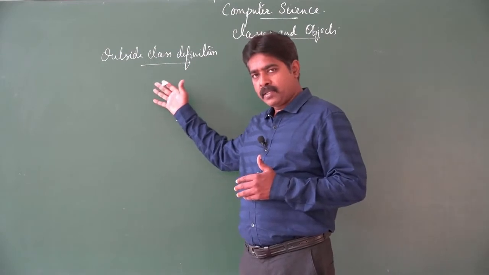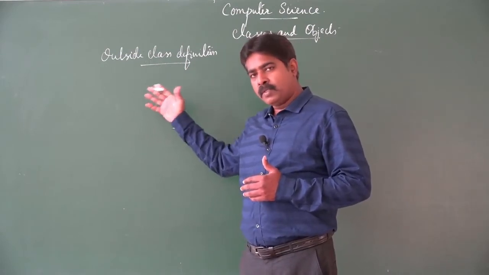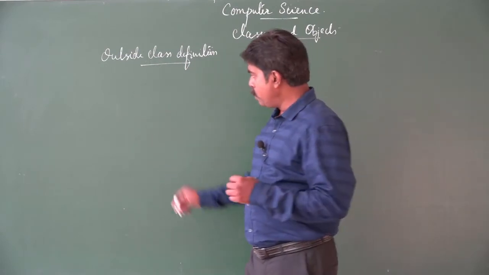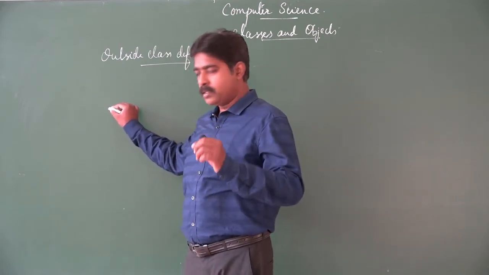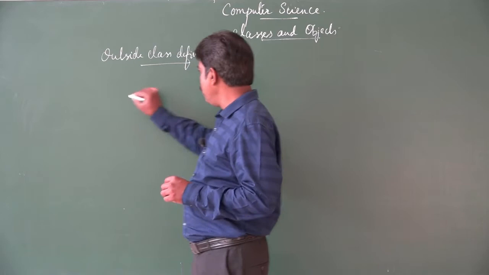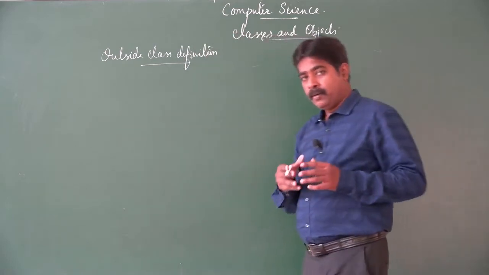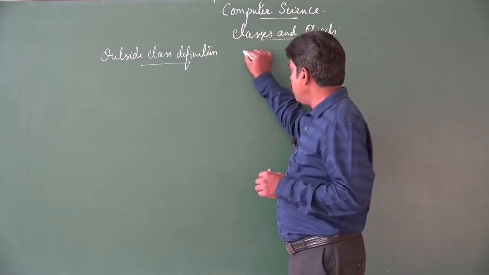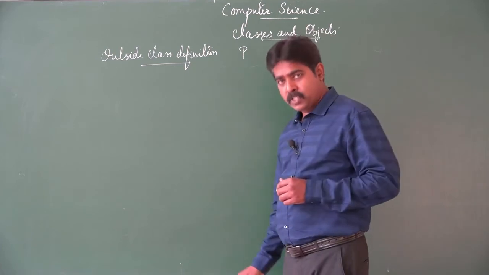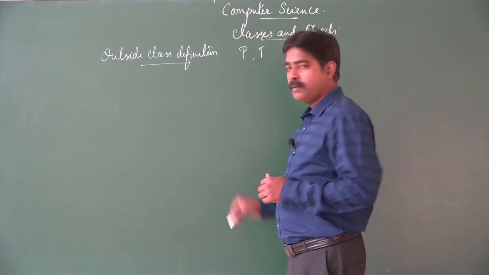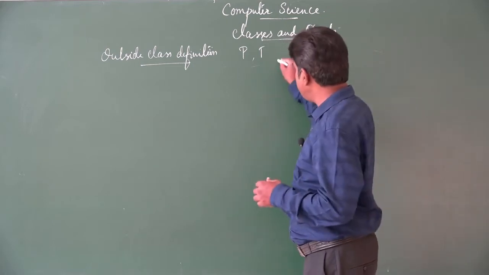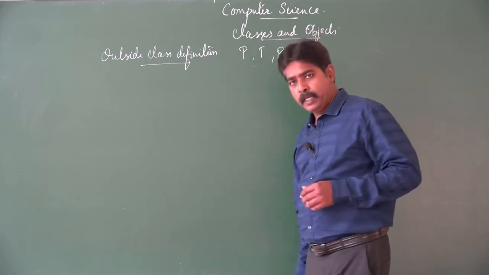In this outside class definition, we are going to take the same example of simple interest. To calculate the simple interest, we need the variables P for principal, the initial amount, T for time, as well as R for rate of interest.